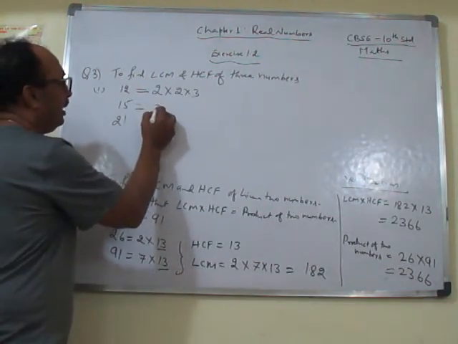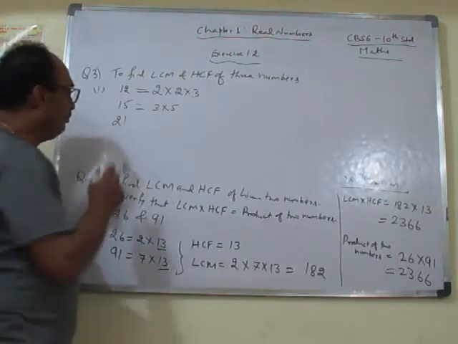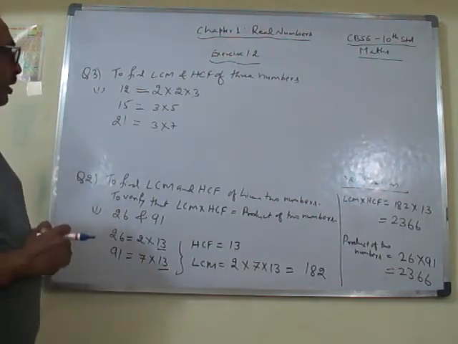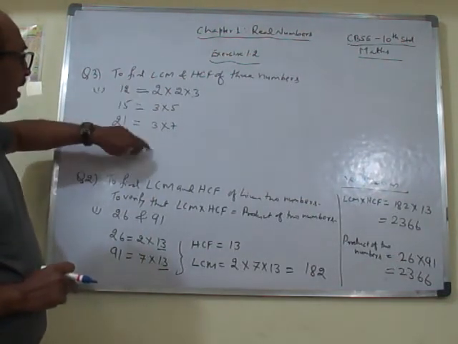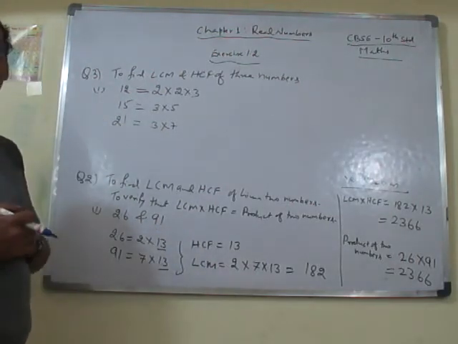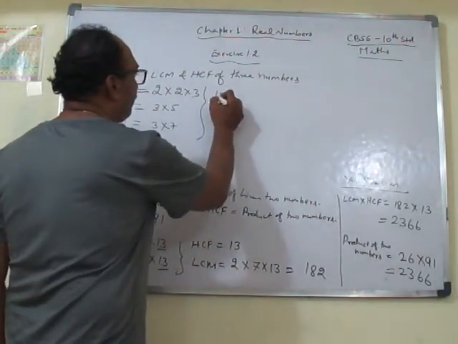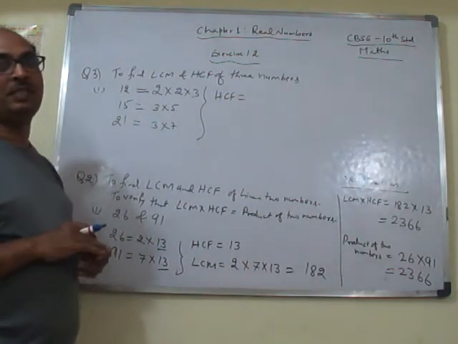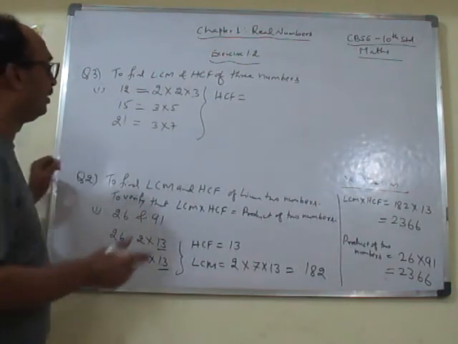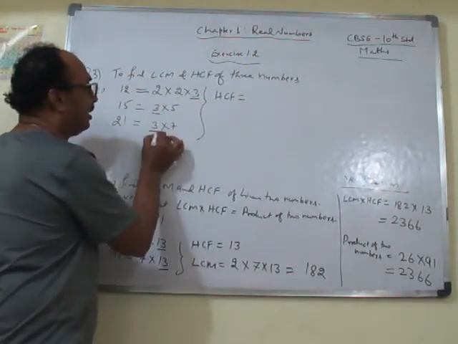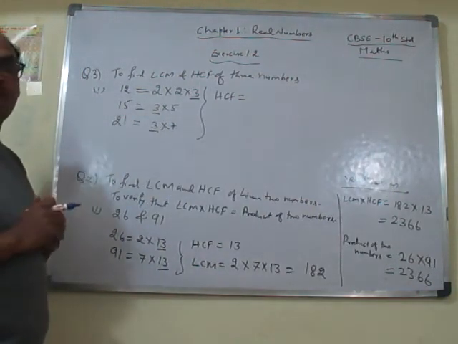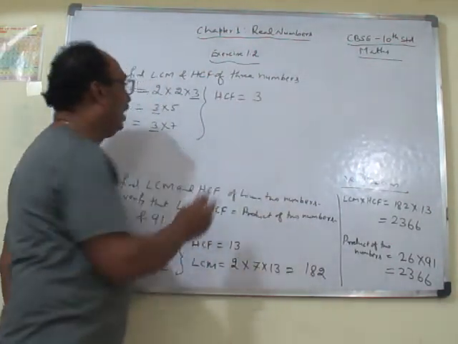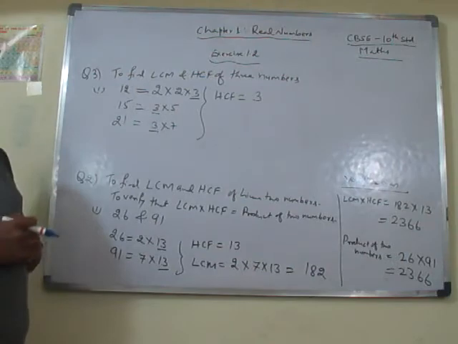Then 15 is 3 into 5, and 21 is 3 into 7. Now which is the common factor? 3, 3, 3. So the HCF is the product of the smallest powers of the common prime factor. The common prime factor in all 3 is only 3, and the smallest power is 1 only. So we write 3 only, because the others are not common.